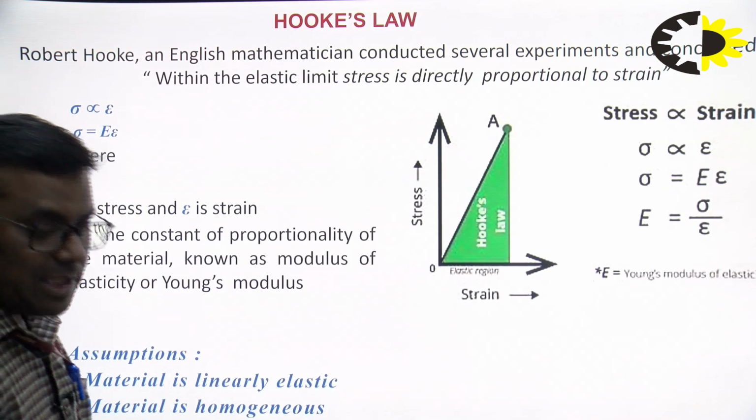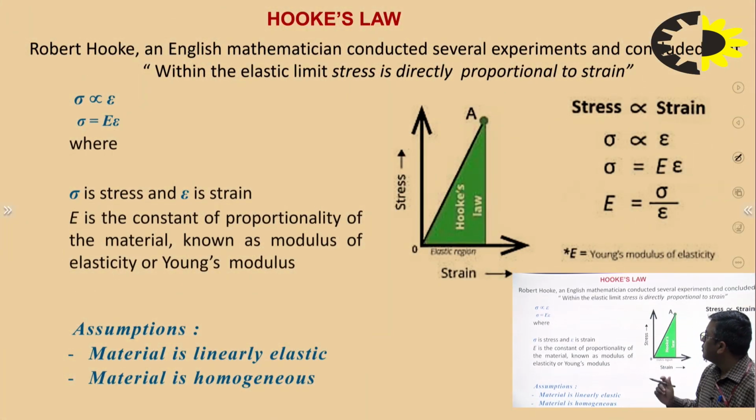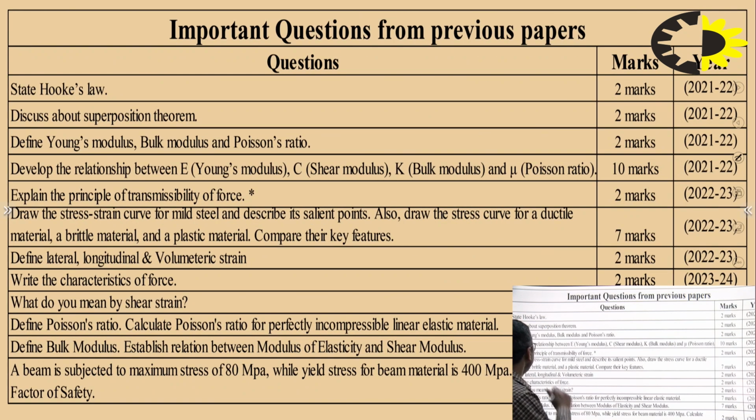So, what basically is Hooke's law? It is well known. Robert Hooke, an English mathematician, conducted several experiments and concluded that within the elastic limit, stress is directly proportional to strain. So, the very first question which we are observing here is, state Hooke's law.